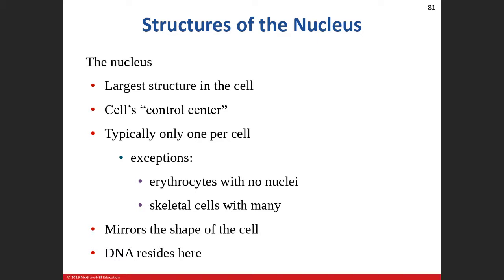I often refer to it as the control center. Pretty much, we assume that all the cells in the body have a nucleus. Well, that's not true in some situations. Most of the cells will have one nucleus. Some can have many, like we saw with the skeletal muscle cell.